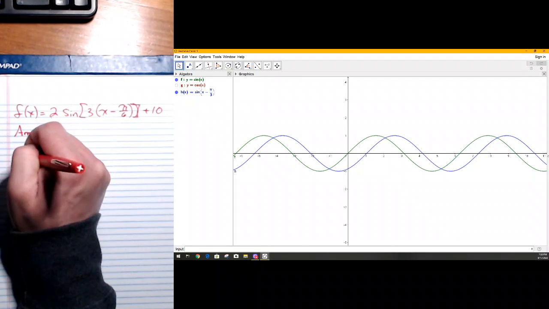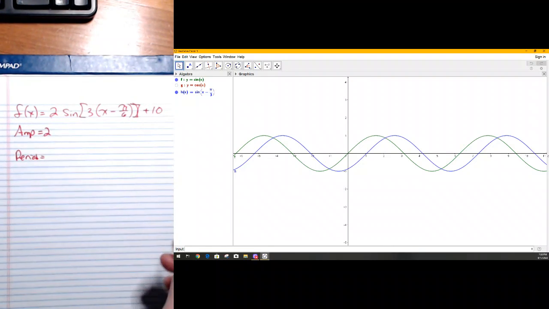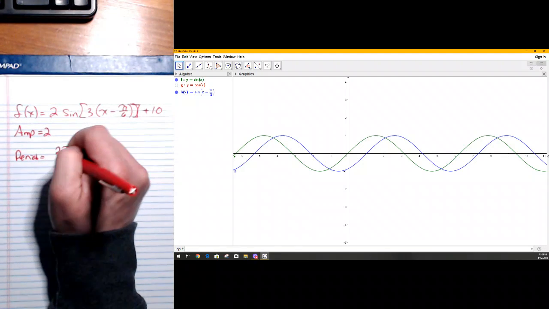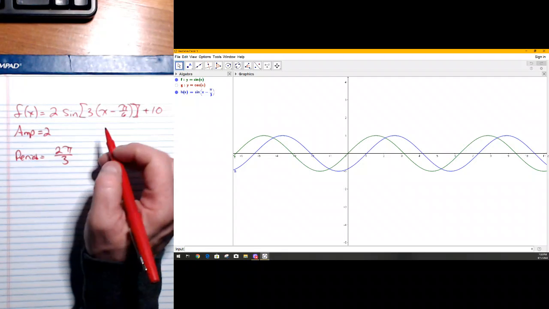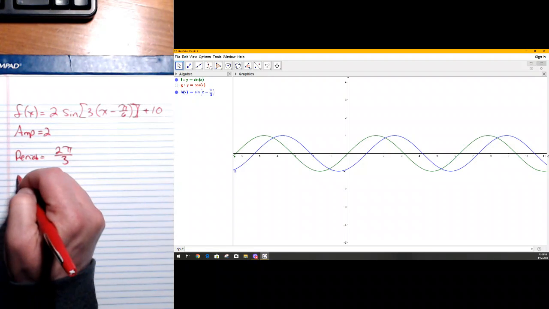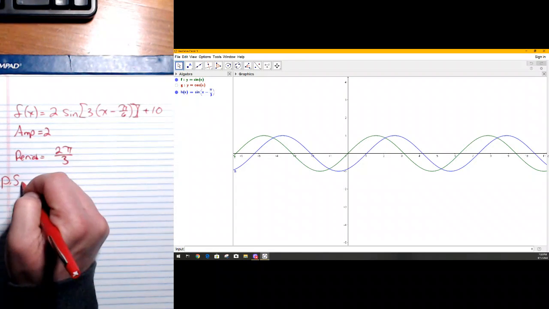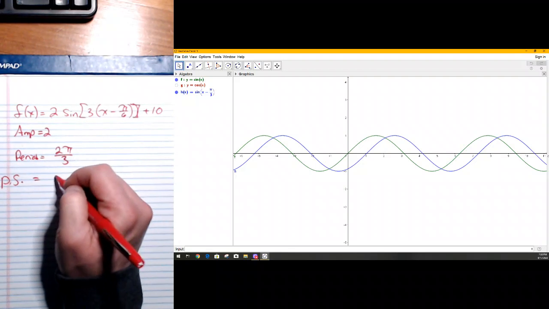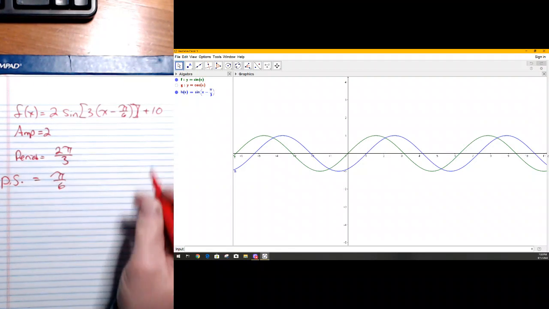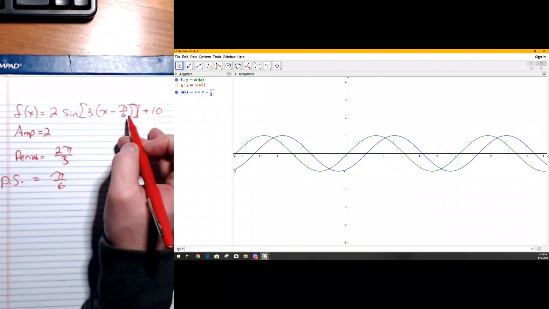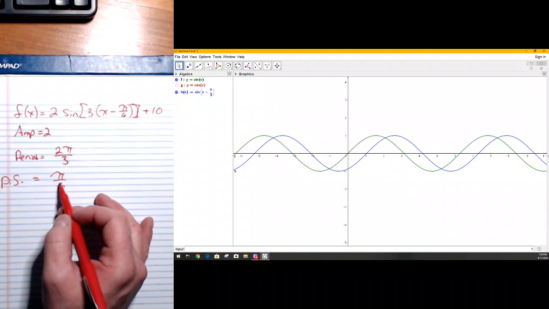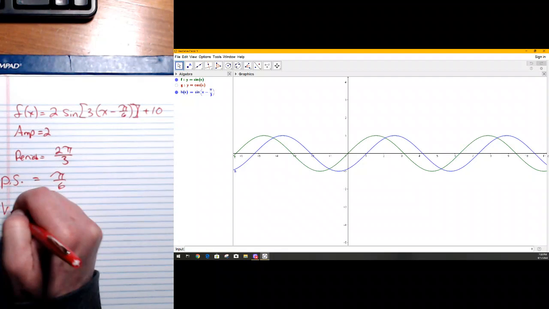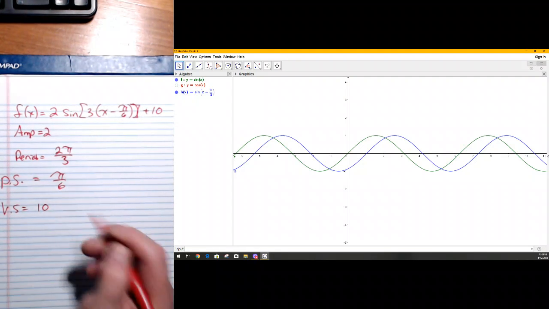Our period is going to be equal to 2 pi divided by 3. And that's going to be this value that we have right here. Our phase shift, that's going to be equal to pi over 6. And it's going to be the positive value I have here. Now I've already factored this out, so that makes it a little bit easier to pick it out. Our vertical shift here is going to be equal to 10.